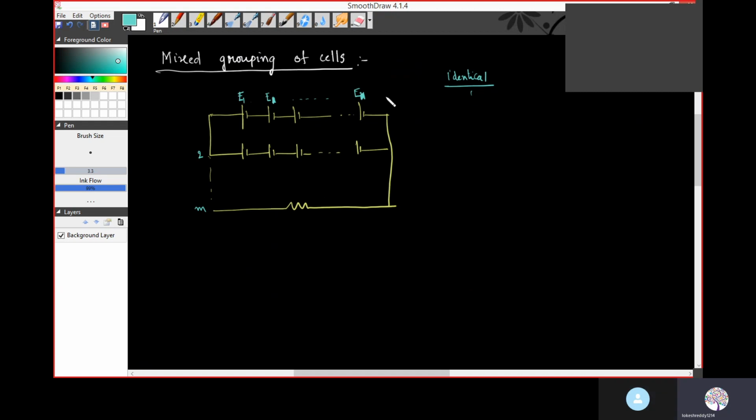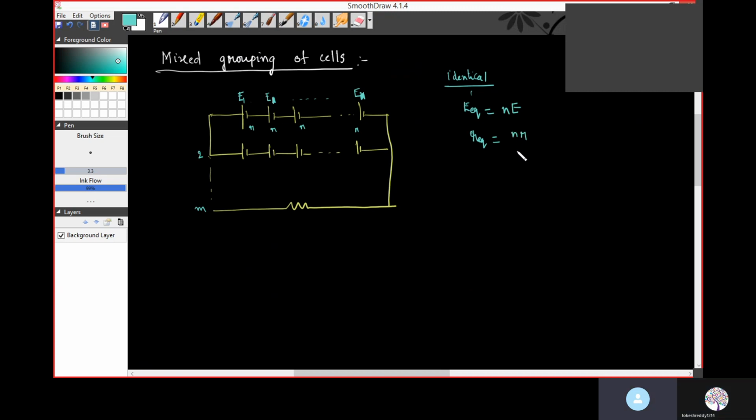Now here, E equivalent will be equal to N into E. Then R equivalent is equal to, for each cell the internal resistance is R. So for each row you will get NR.